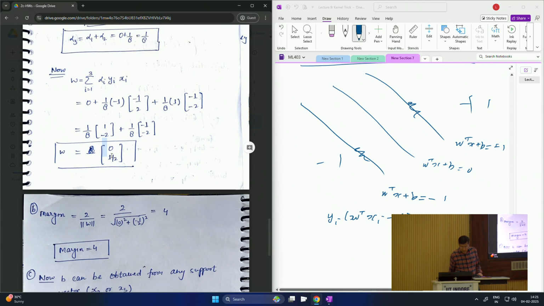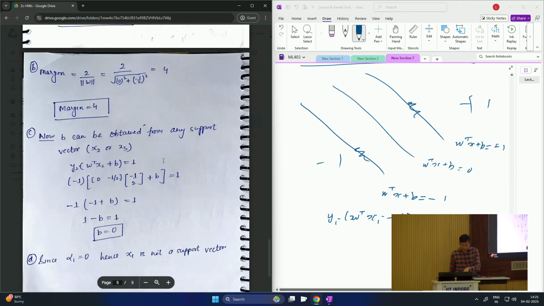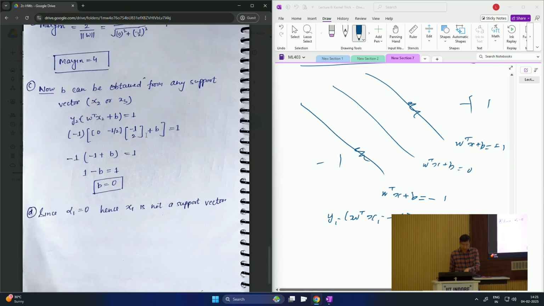It should be minus 1 by 2, right? So that is what the problem is. So this should be minus, fix it. So you put minus 1 over 2, x2 is minus 1 and 2, b is known, so then b will turn out to be 0. So which means that it is just the hyperplane 0, minus half. That is what your hyperplane is.